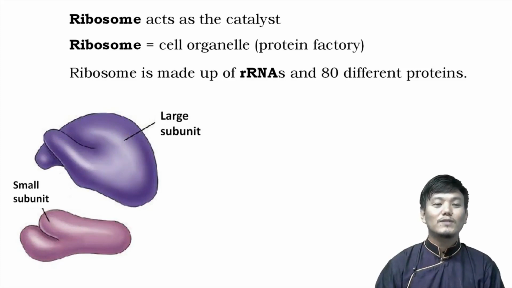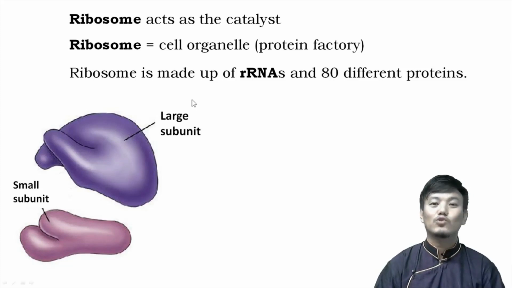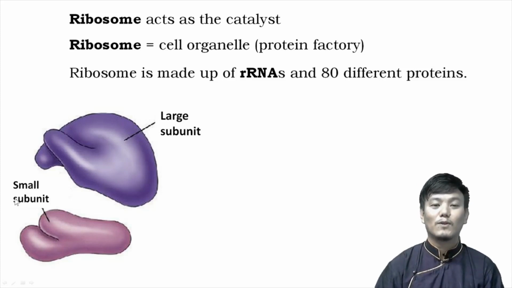In the cell, when the cell is not active, if gene expression is not happening, if there is no transcription going on, the ribosomes are present in the form of two separate subunits, a large subunit and a small subunit.